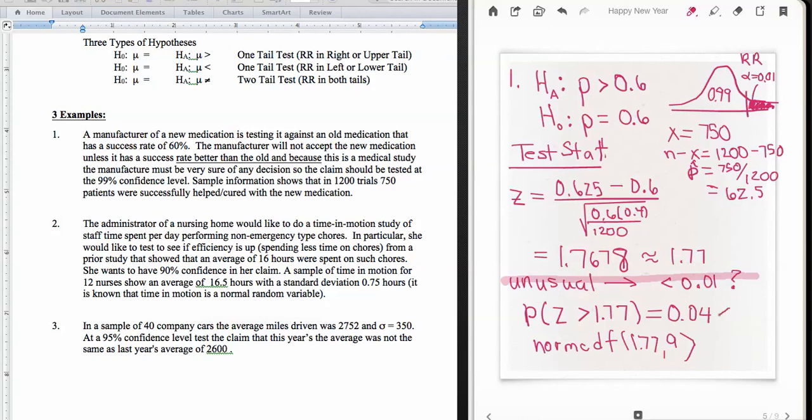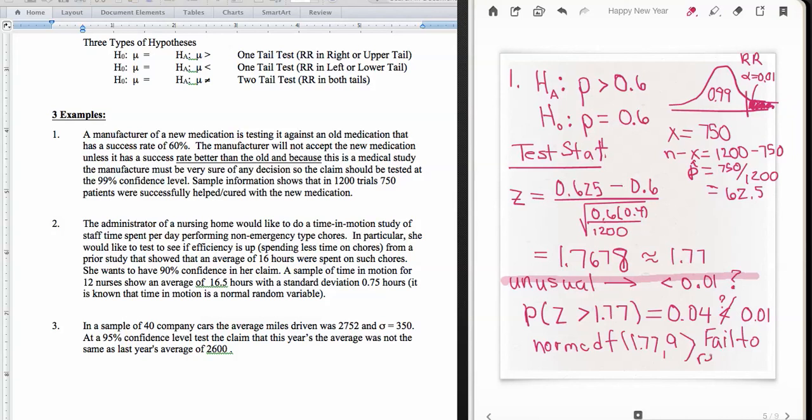And my question is, is that less than 0.01? Is 4/10 less than 1/10? No, it's not. And so what this means is that I'm going to fail to reject the null hypothesis.